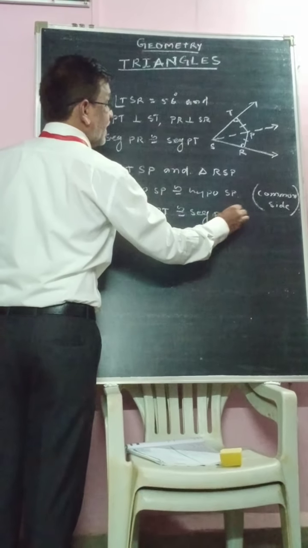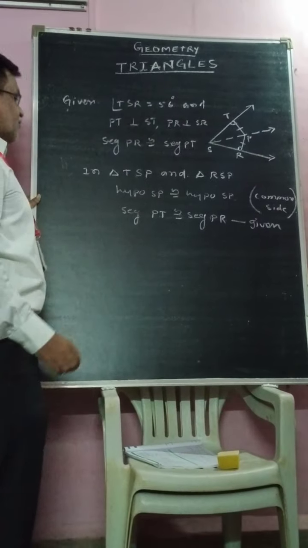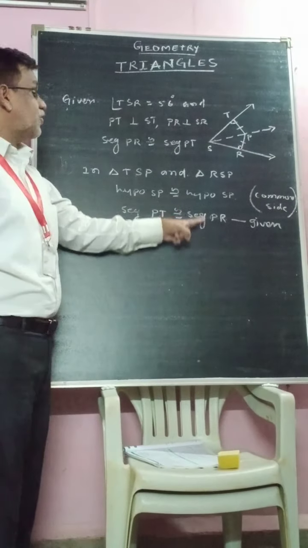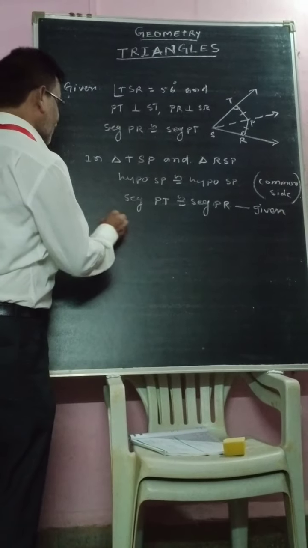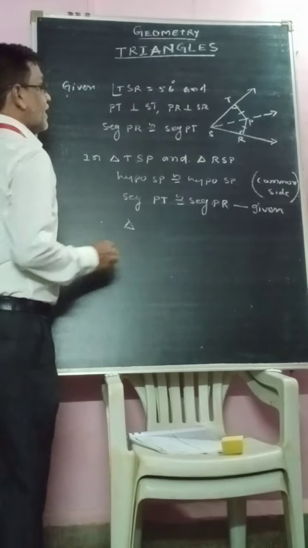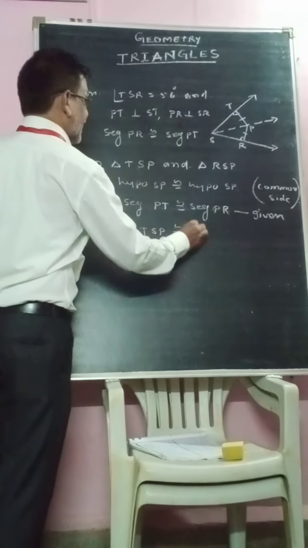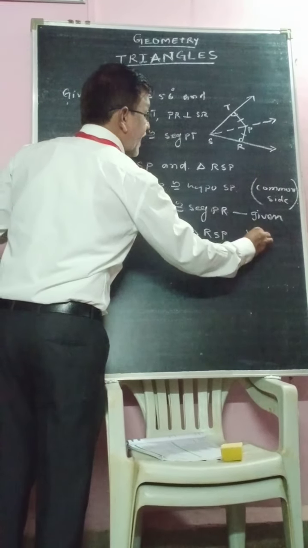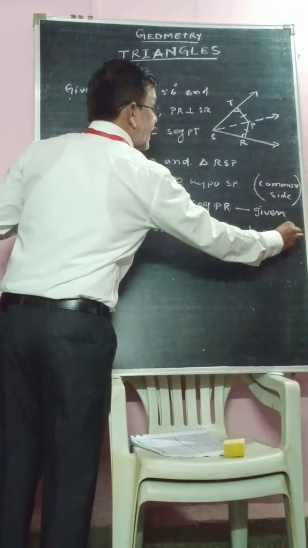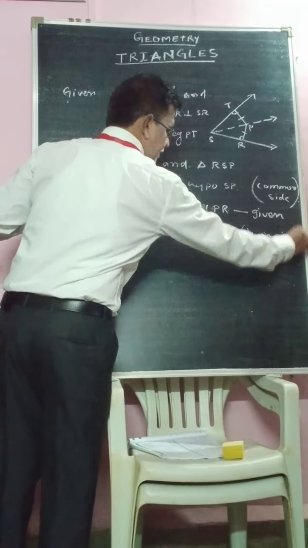So you can use the hypotenuse side theorem. Therefore triangle TSP is congruent to triangle RSP by the hypotenuse side theorem, or hypotenuse side test.